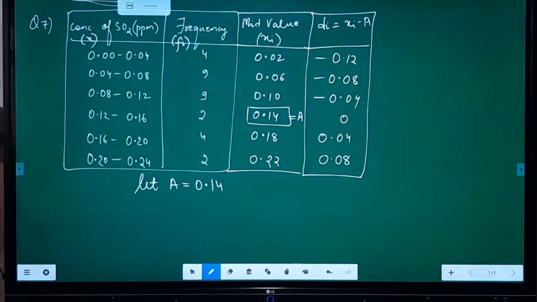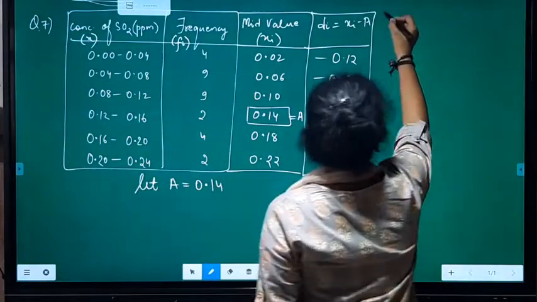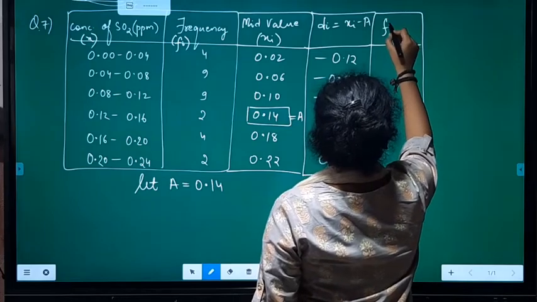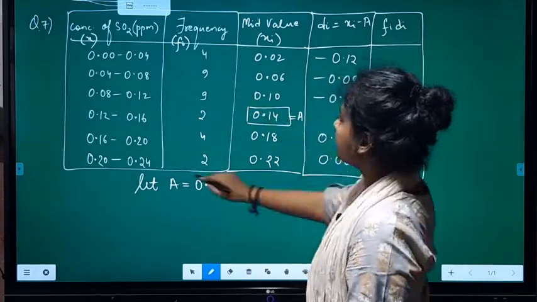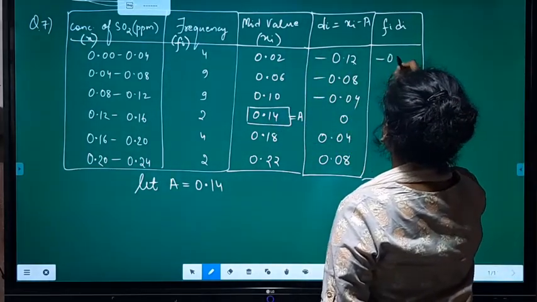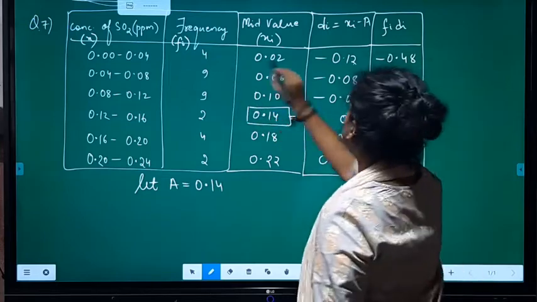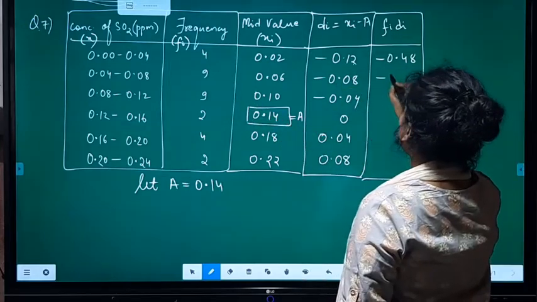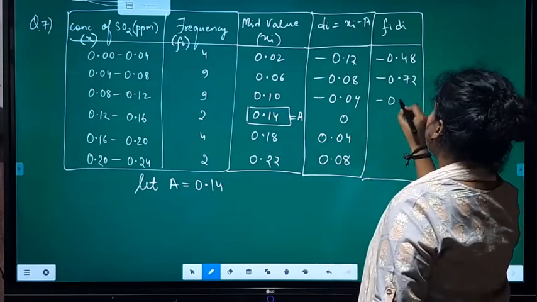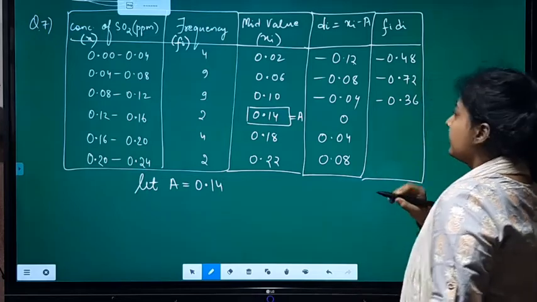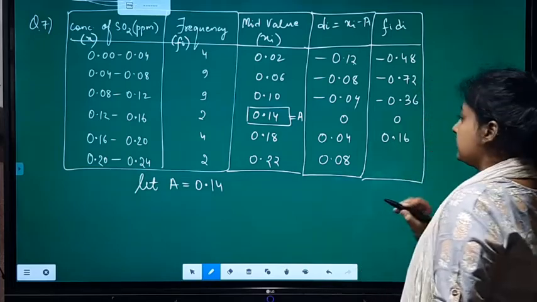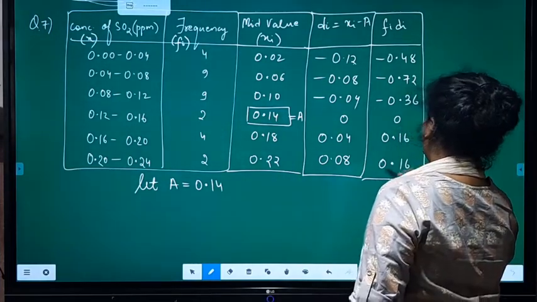In the next step, we need to find fi into di. We are using the assumed mean method here. So, fi into di means we have to multiply this column with this column. 4 into minus 0.12 will give us minus 0.48. 9 into minus 0.08 will be minus 0.72. 9 into minus 0.04 will be minus 0.36. 2 into 0 will be 0 only. 4 into 0.04 will be 0.16. 2 into this will be again 0.16.